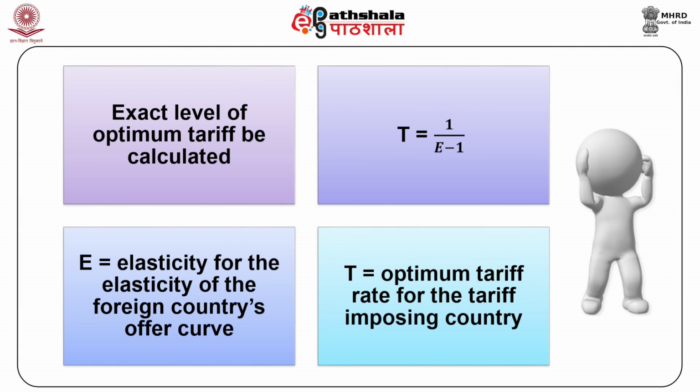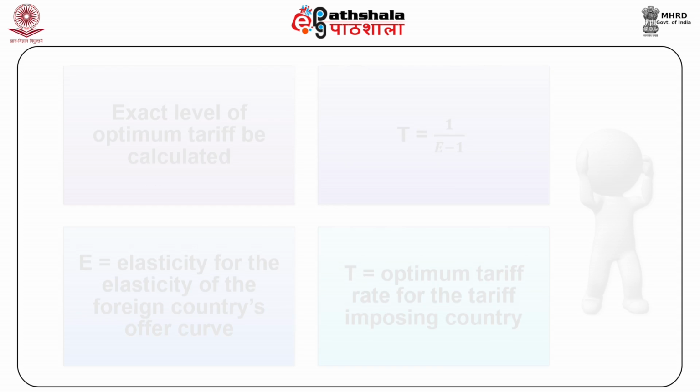The exact level of optimum tariff can be calculated with the help of the following formula. T is equal to 1 upon E minus 1, where E stands for the elasticity of the foreign country's offer curve and T stands for the optimum tariff rate for the tariff imposing country.